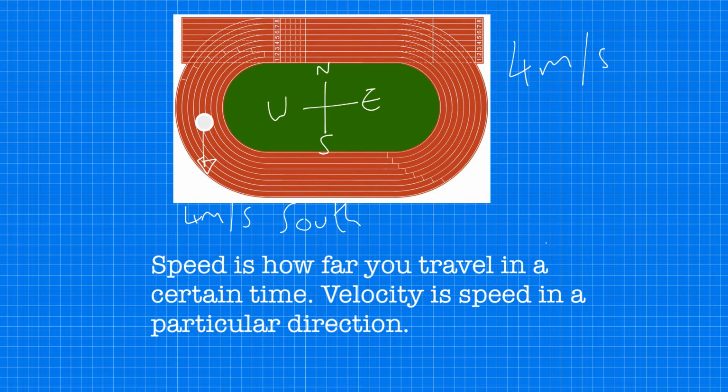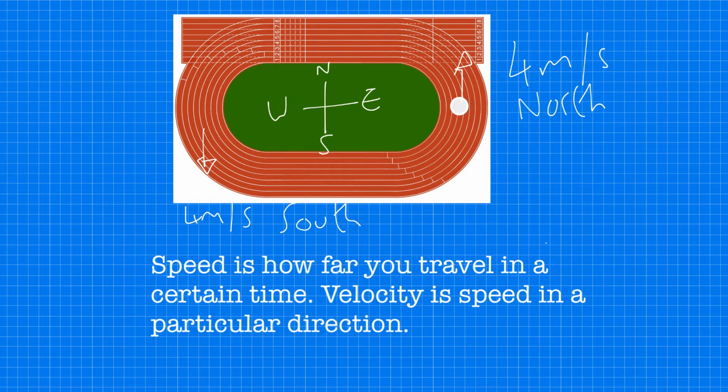When he gets to this particular point in the track, his speed would be 4 meters per second, his velocity would be 4 meters per second east. When he gets to this point in the track, his speed would still be 4 meters per second, but his velocity will be 4 meters per second north. So remember, speed is a scalar, it's just how far you travel in a certain time, direction doesn't matter. But velocity is speed in a particular direction.